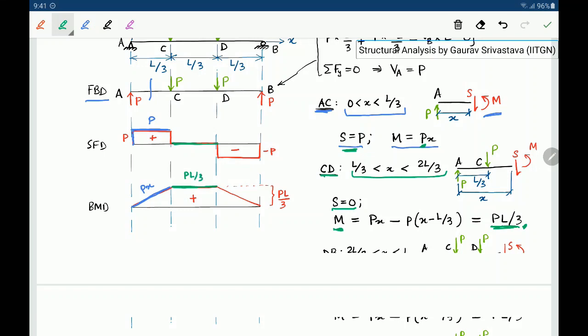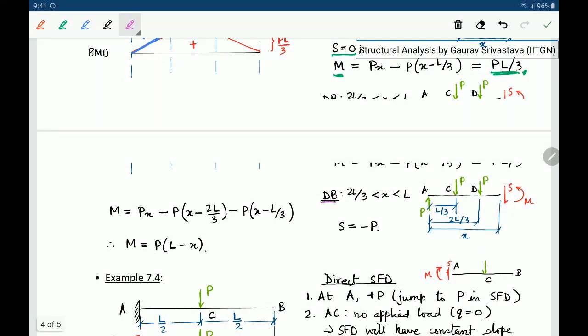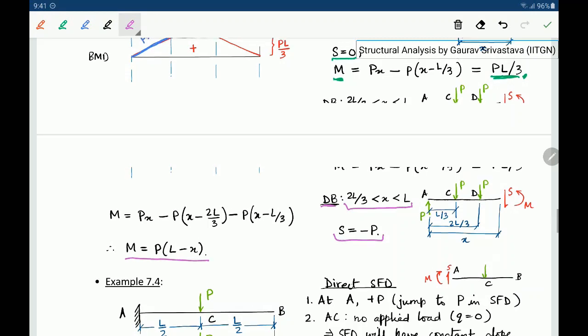Okay, and you may also notice that if you put x equal to L by 3 in this P times x, this point will have the same bending moment from the left span and the right span. Okay, and similarly we can consider the span DB, which is 2L by 3 to L. So here we get S equal to minus P, and M is equal to P times L minus x.